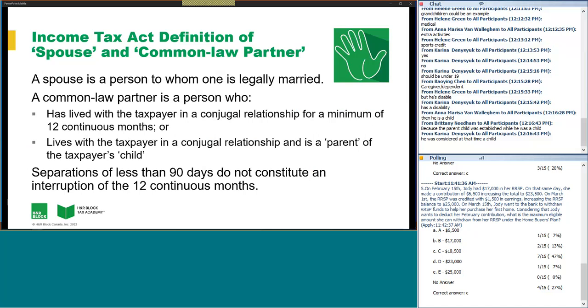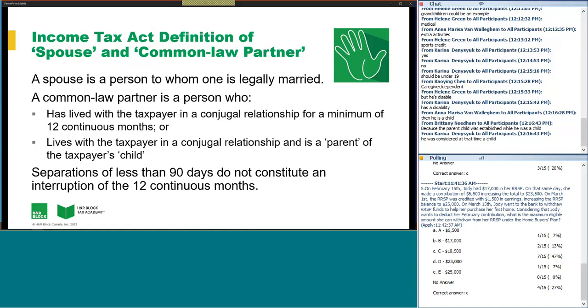Okay? Common law for tax purposes. So not common law for provincial law, or common law if you're in Quebec. Might be different in different provinces, but common law for tax purposes means someone you have lived with in a conjugal relationship, that means an intimate relationship, for a minimum of 12 consecutive months, no break up, get back together, break up, get back together. You have to live with them for 12 months, or be in that relationship and be a parent of their child.